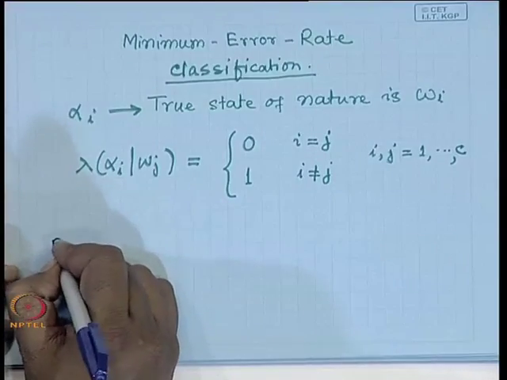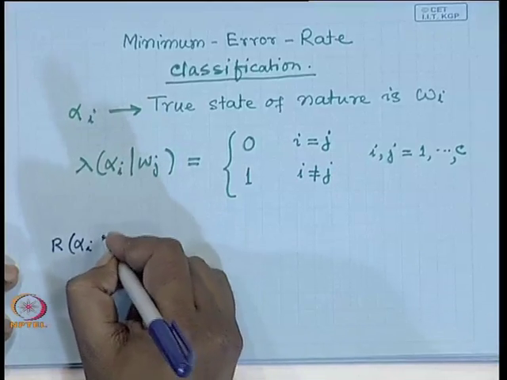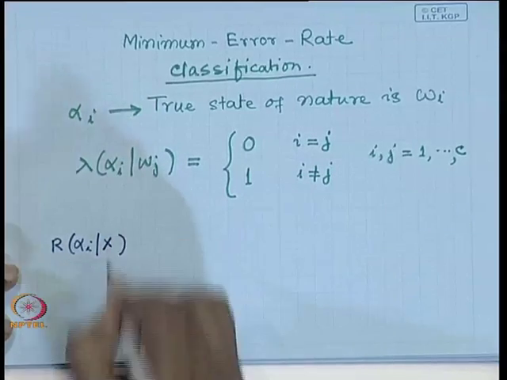So, by this definition of the loss function, let us see what the expected loss, or the risk, R of alpha i given x, will be.